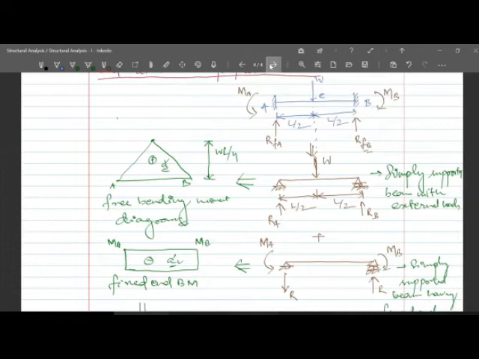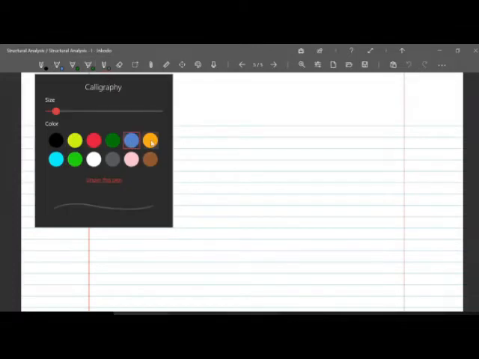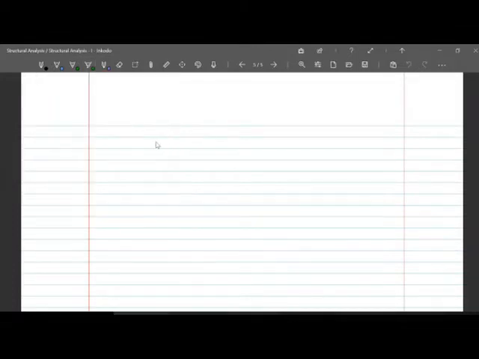Next, let's go to the writing part. How will we write everything? It is always very important how you present in your exam. Your presentation carries a lot. It shows how sincere you are and how much you have understood.